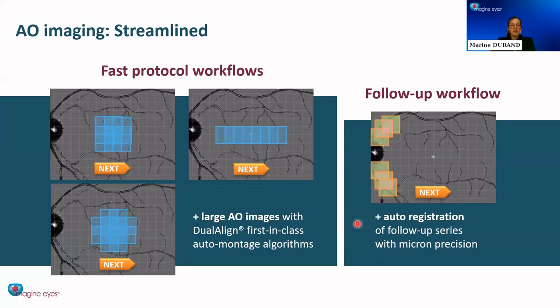Images will also be automatically registered to the baseline pictures after the acquisition. So the aim of adding these fast protocol workflows and the follow-up workflow in the RTX1 was to make it easier and faster to execute the standardized AO imaging procedures with multiple acquisition.